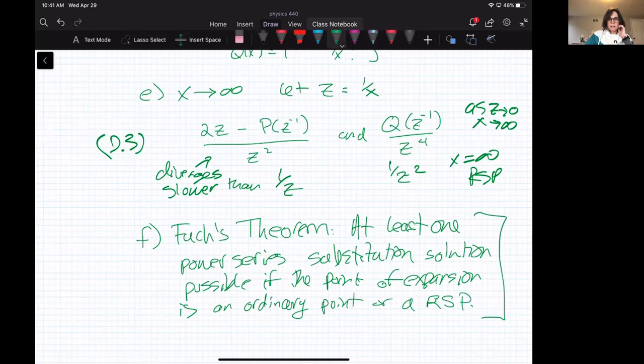So that's the only limitation we have: if we look at a function and we know that there are no essential singularities, we can find at least one series substitution. That is, we can substitute y of x as a sum of x to the n, and then by judicious matching of coefficients, find a solution, at least around that point.